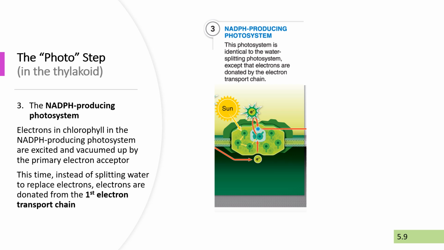Those electrons are going to go off to the next and final step. However, just like before, we need to replace those lost electrons. This time, we don't need to split more water molecules. Instead, we borrow some replacement electrons from that first electron transport chain.